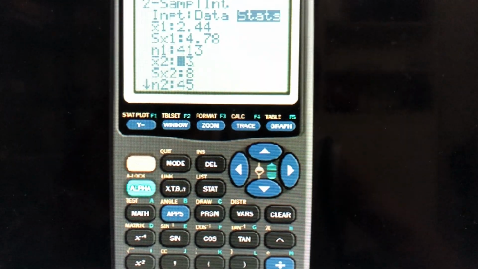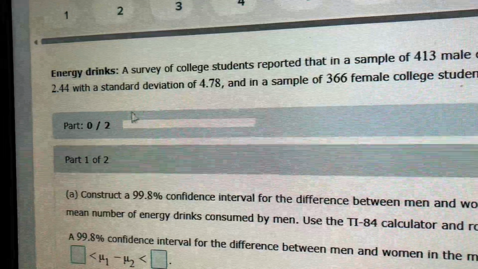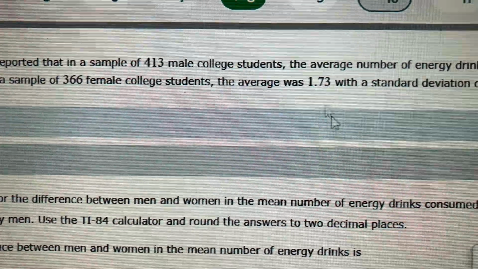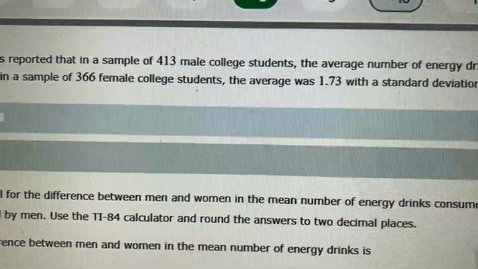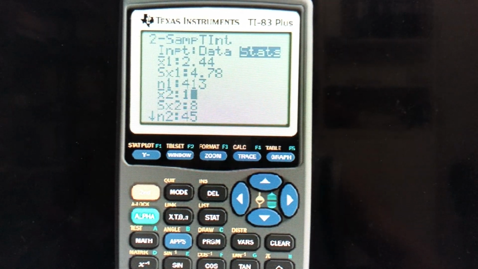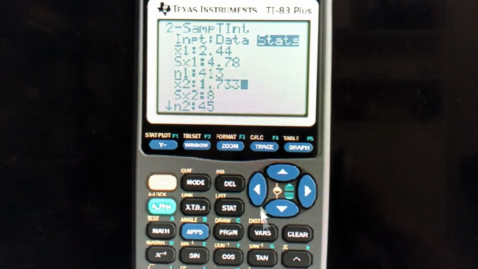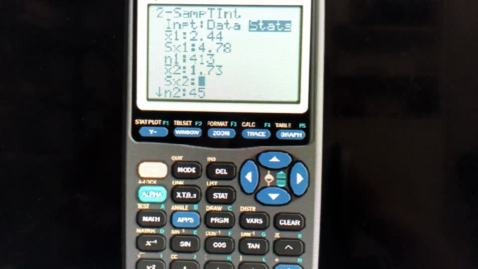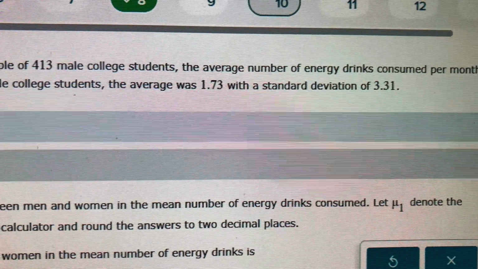And then the second average for the women was 1.73 compared to this 2.44. So the 2.44 seems to be higher, but maybe it's not significantly higher. The second standard deviation was 3.31.